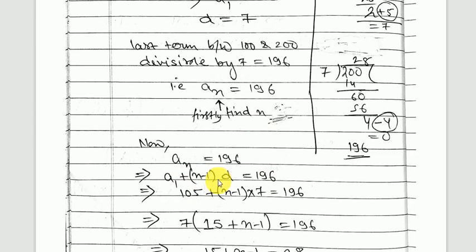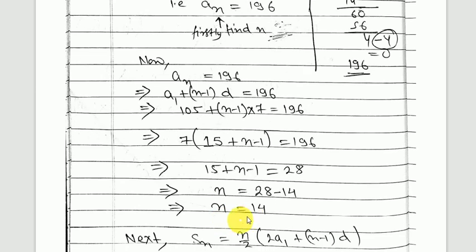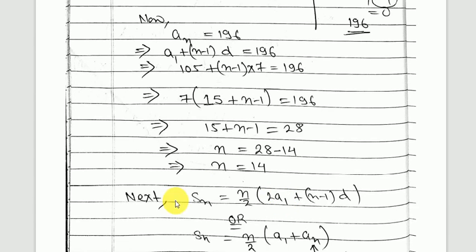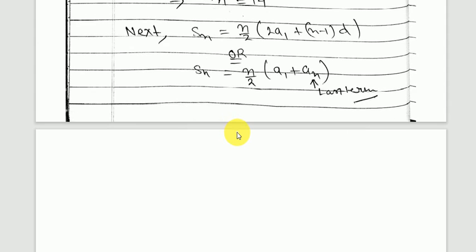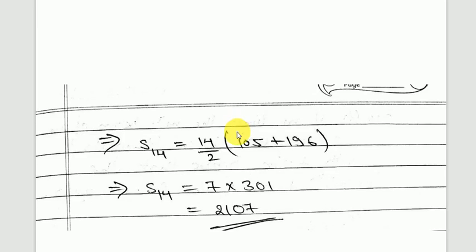I know the first term, I know the d. Simplify this and you'll get n equal to 14. That means there are 14 numbers between 100 and 200 which are divisible by 7. Now you simply use either of these formulas, and you will get the sum of all the numbers lying between 100 and 200 divisible by 7.